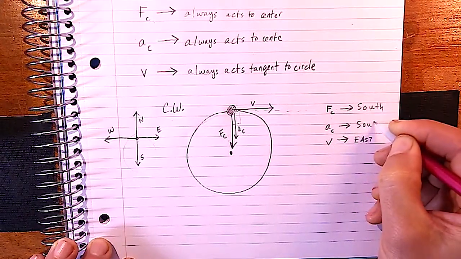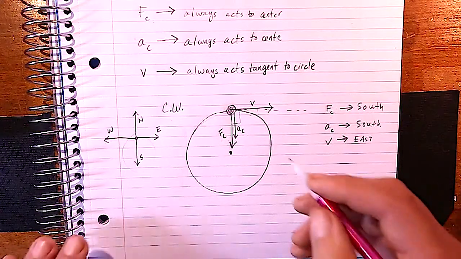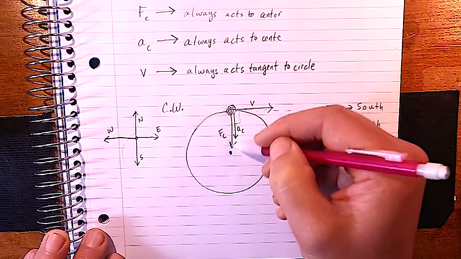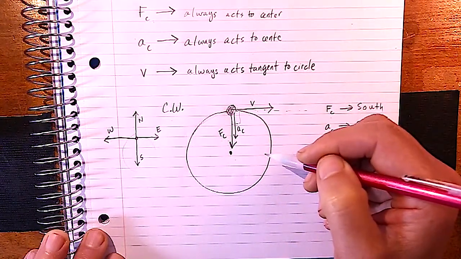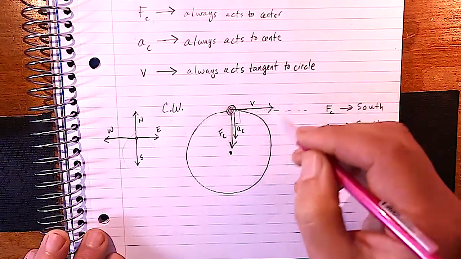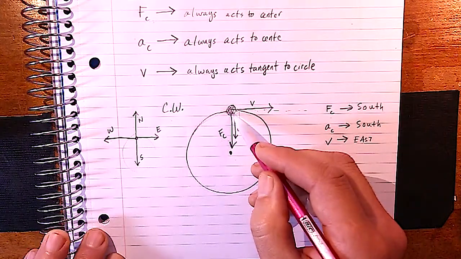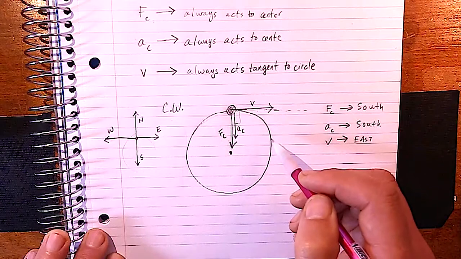Now, this does seem sort of tricky or non-intuitive, that something's moving this way, but being pushed to the center of the circle, yet it's not getting closer to the center of the circle. But think of it this way. If there was no centripetal force, what would the ball do? The ball would move in a straight line. That is Newton's first law.